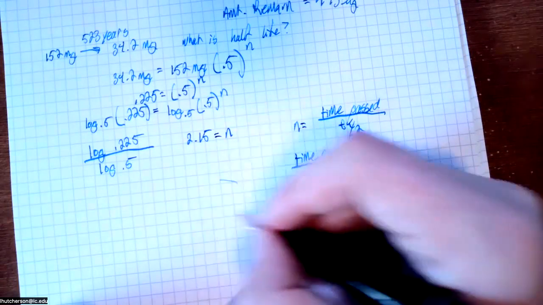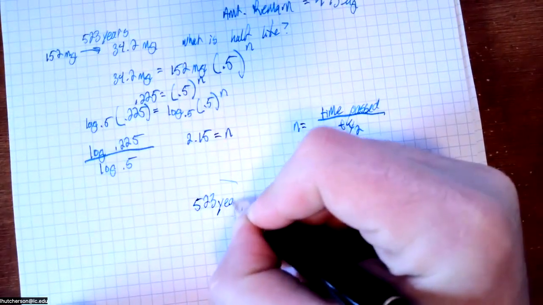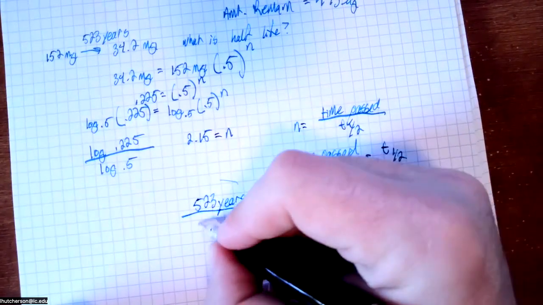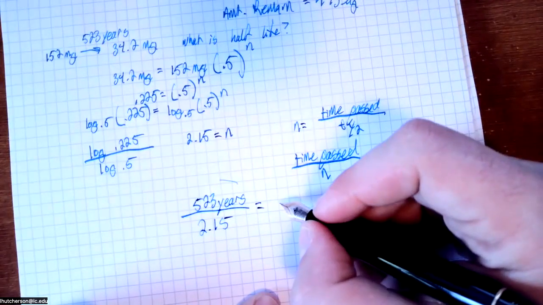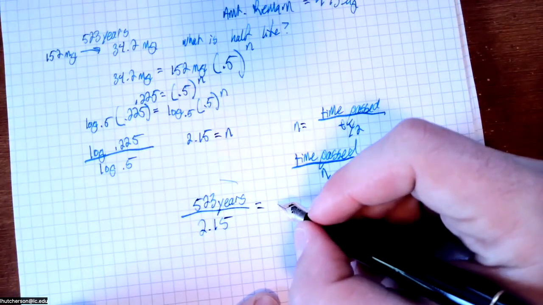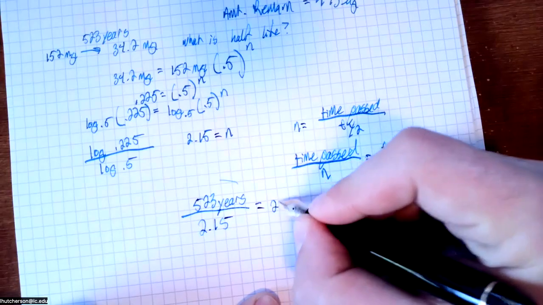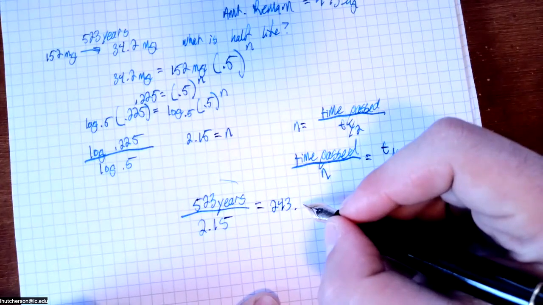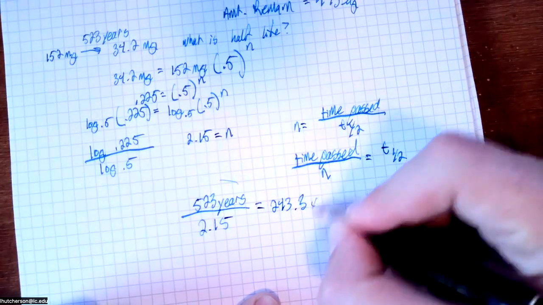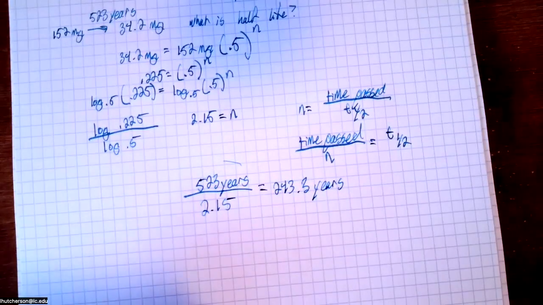I didn't write down these steps explicitly. We can take 523 years divided by 2.15, and that is going to give us a half-life of 243.3 years. All right, so that's how we do that.